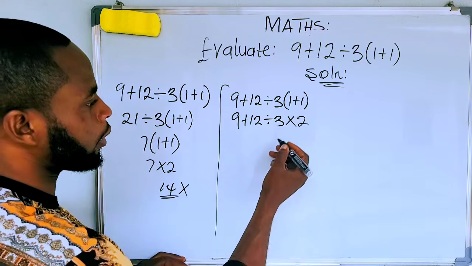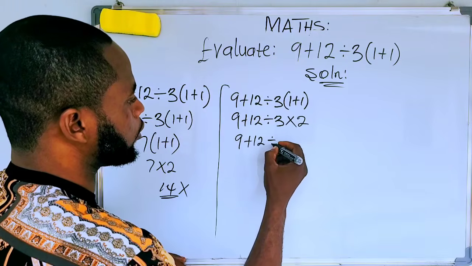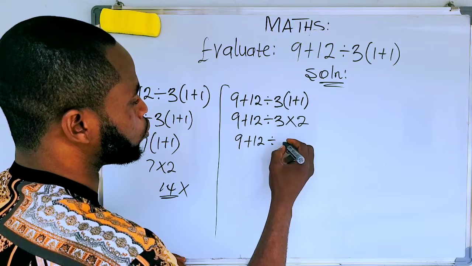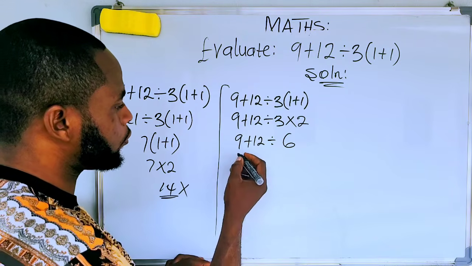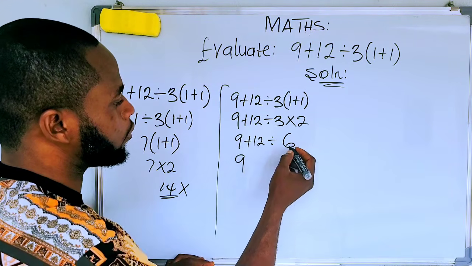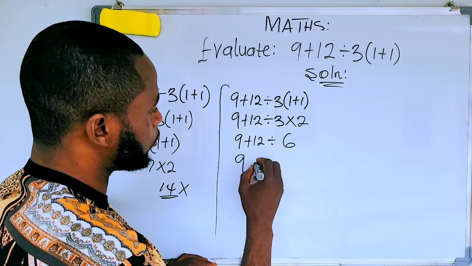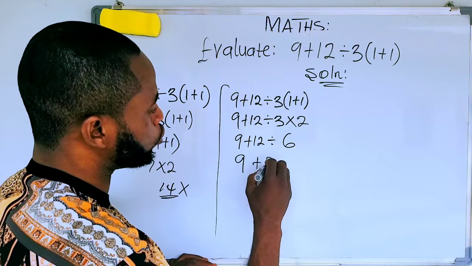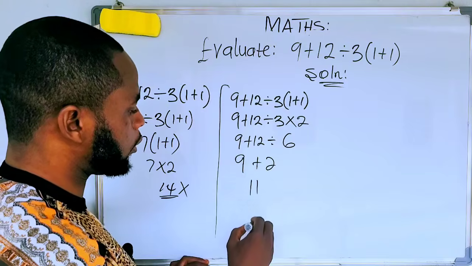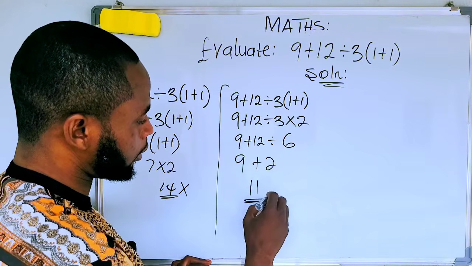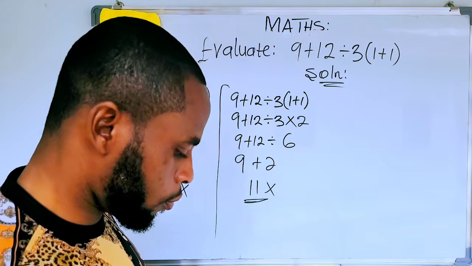Then to multiply this out, we have 9 plus 12 divided by 3 times 2, that gives 6. Then at this point, we have 9 plus 12 divided by 6, that gives 2. Then 9 plus 2, that gives 11. But this answer is still wrong, and as such, this is still a wrong approach.